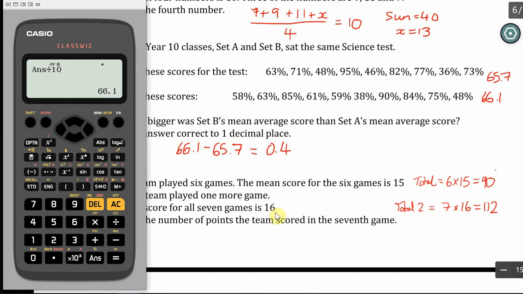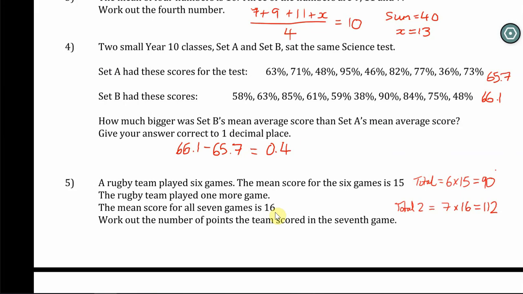Okay, check that. Yeah, okay. So how many points did they score in the 7th game? Well, if in 6 games they scored 90 points, and in 7 games they scored 112, then in the 7th game they must have scored the difference. 112 take away 90 gives us 22 points.